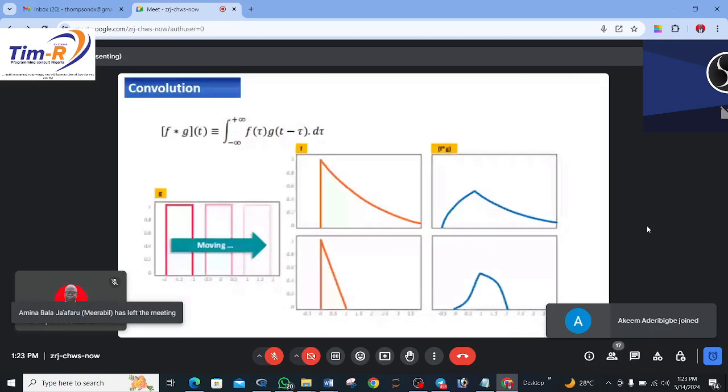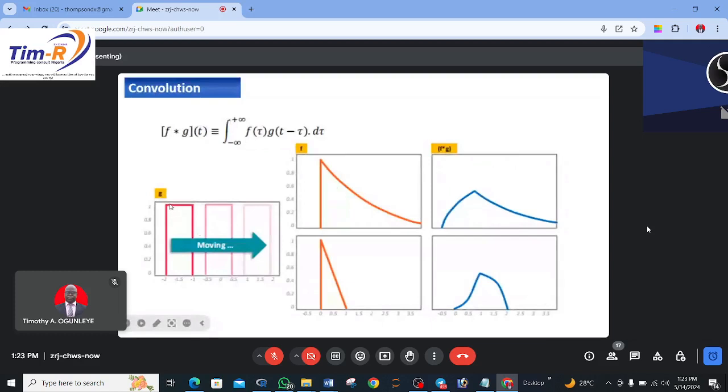Still on convolution, we can have a function f and use another function g that moves over this function f, and it gives us different outputs based on different variations of f, which we can see in the graph being displayed here.